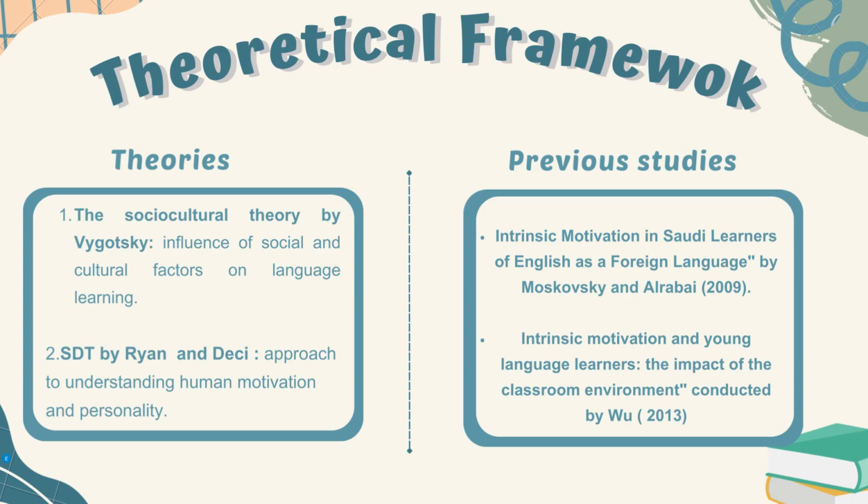It was an experimental study conducted in Saudi Arabia to measure the levels of intrinsic motivation among learners of English as a foreign language. This study involved administering a 27-item structured survey to a randomly selected sample of 55 Saudi learners from public schools and universities.